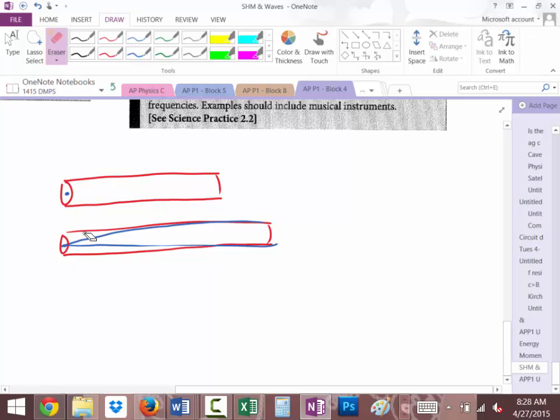But when you get to higher frequencies, what happens to the wavelength? It gets shorter. So you could have a situation something like this, and this is not going to work out perfectly, but you get the idea.